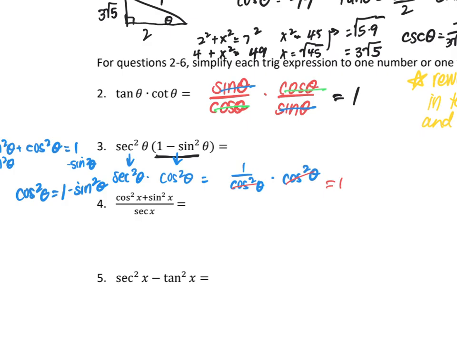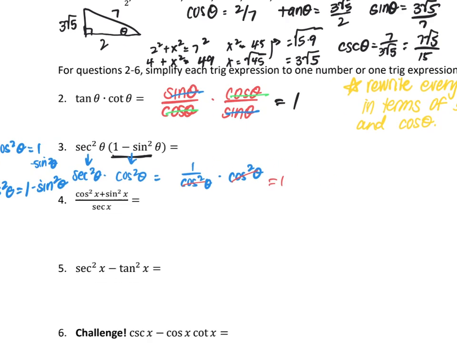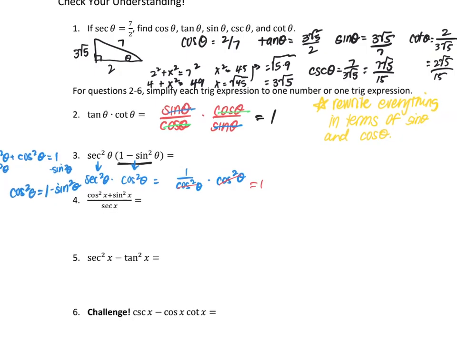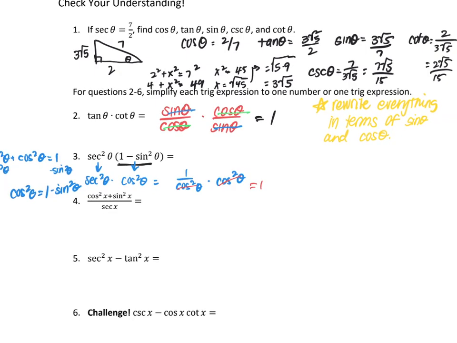Cosine squared divided by cosine squared is 1. Okay, here is another strategy we just used: rewrite using Pythagorean identities.